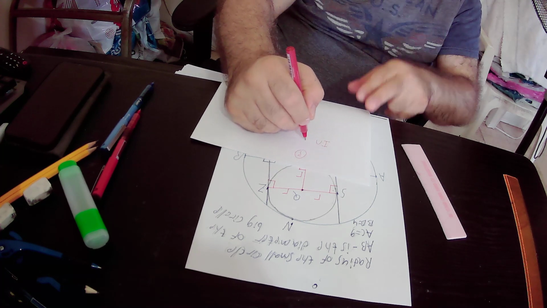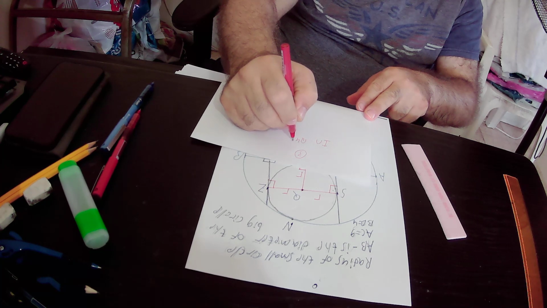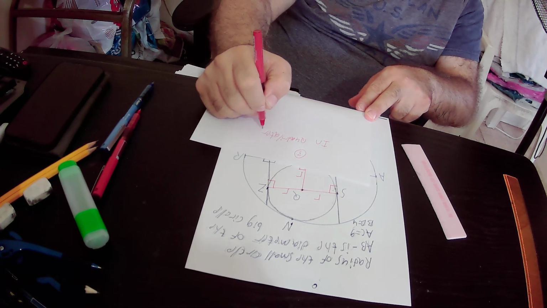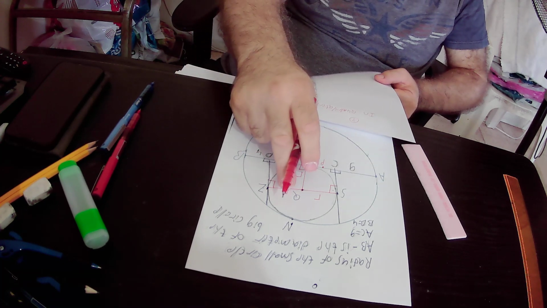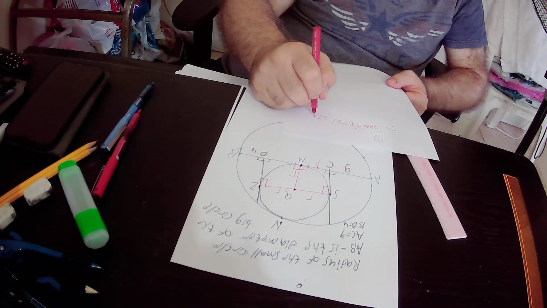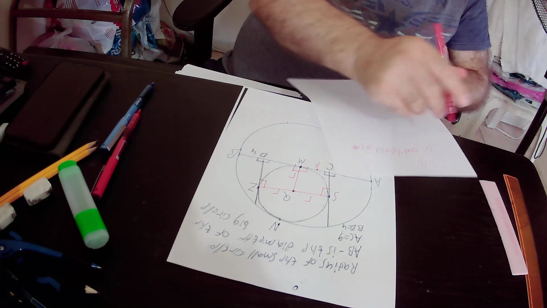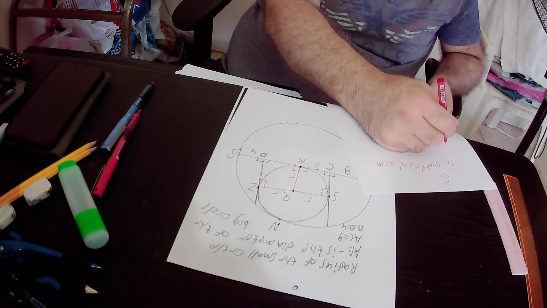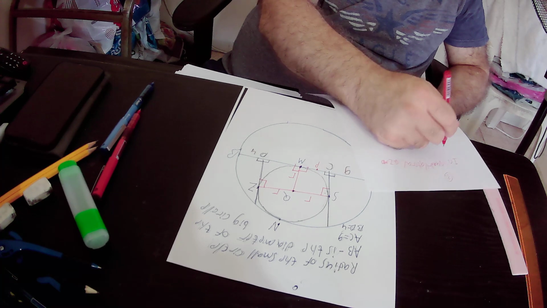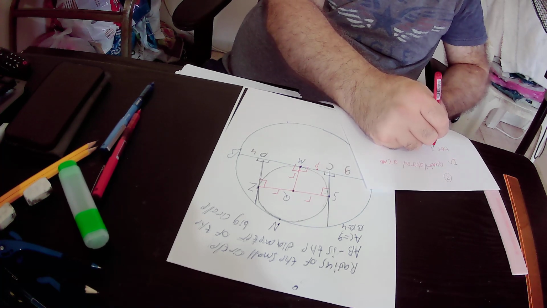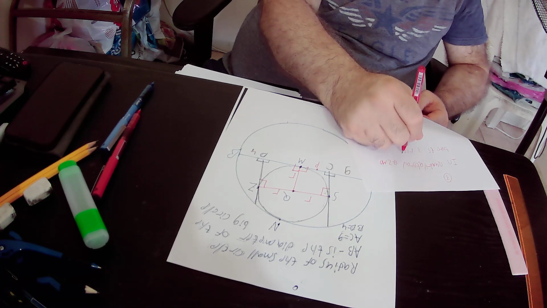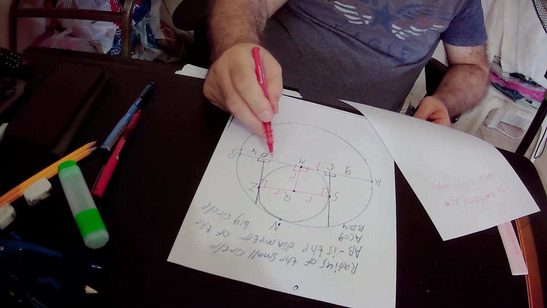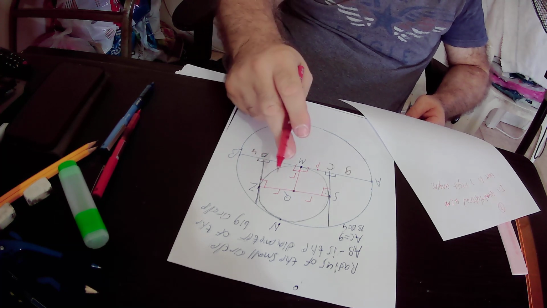In quadrilateral QZMD, this quadrilateral has three right angles, one, two, and three. We have three right angles in this quadrilateral.